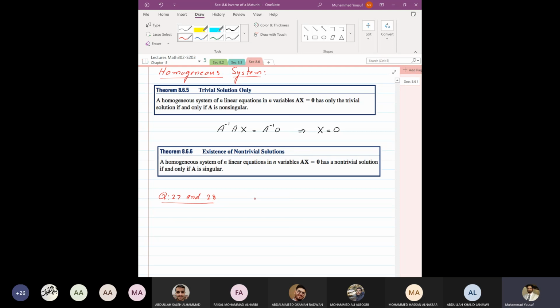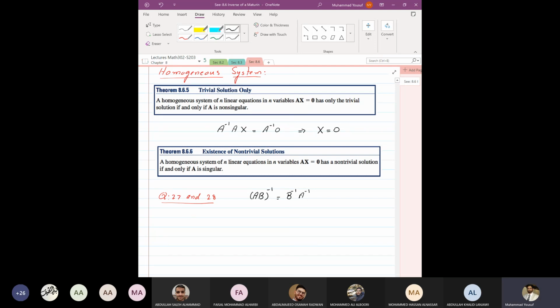If you want to find A times B inverse, you need to find B inverse, A inverse separately, and then multiply B inverse with A inverse in the reverse order. And B inverse, A inverse are given in these questions, so you simply need to multiply them.